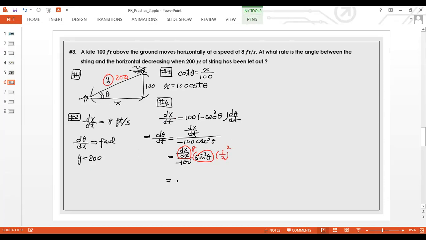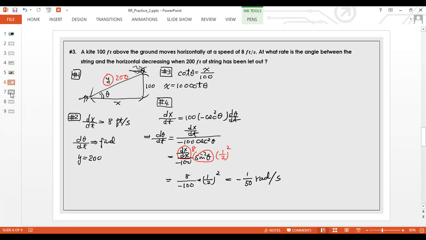I have negative 100 here, 8, and then I have 1/2 squared. If you put it into the calculation, you will get 1/50 radians per second, right? Because there are no units, so we know this is radians. Okay, and so this one is not too hard.